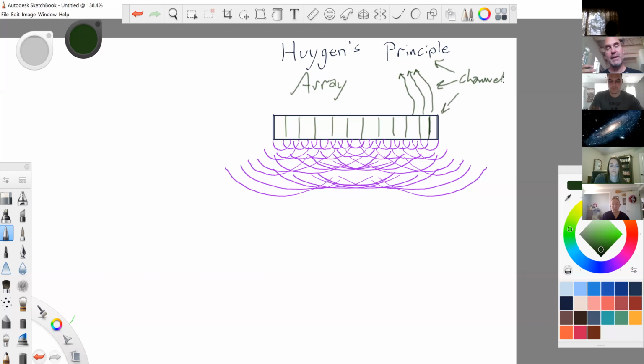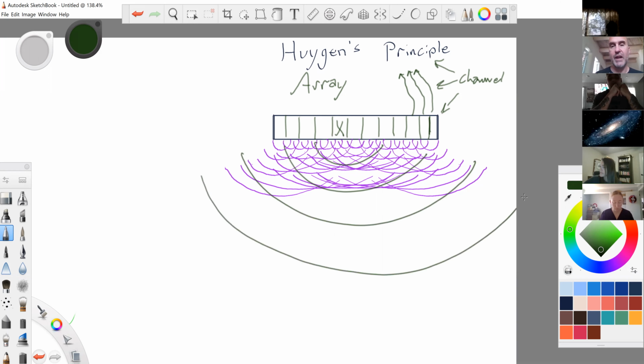Each one of those can be individually fired, although you would never fire an individual in an array, at least not completely by itself. Like if I chose to fire only this one, I would have a beam that spreads out.